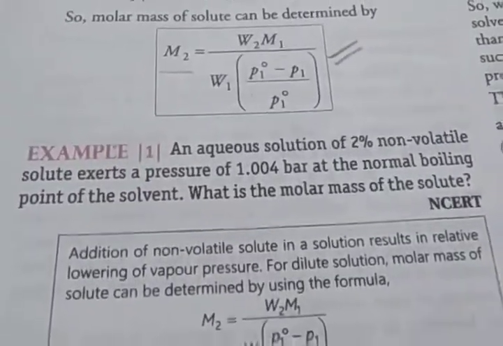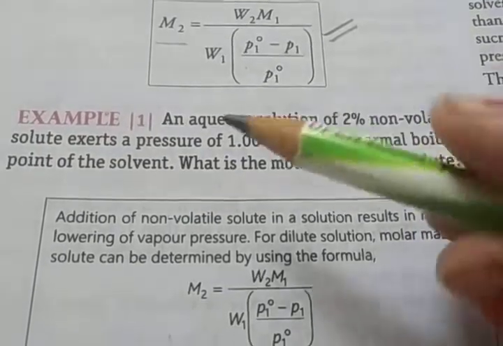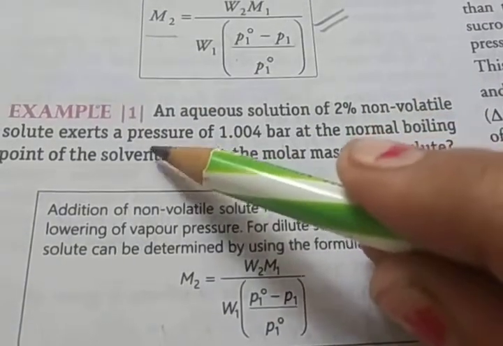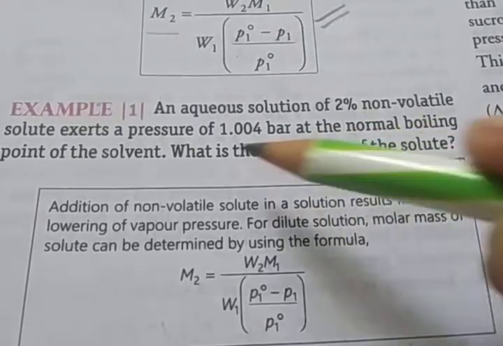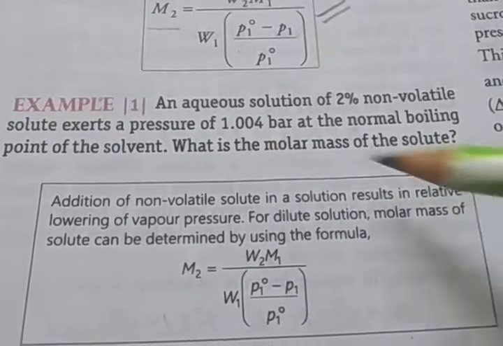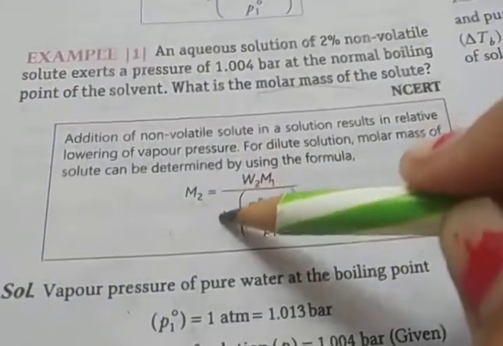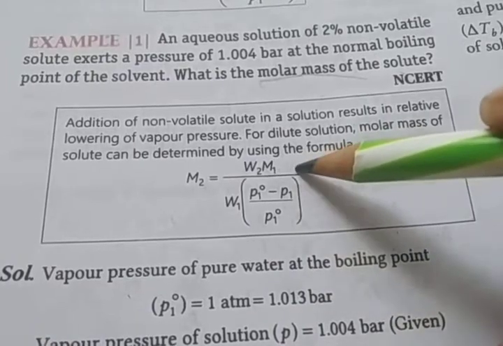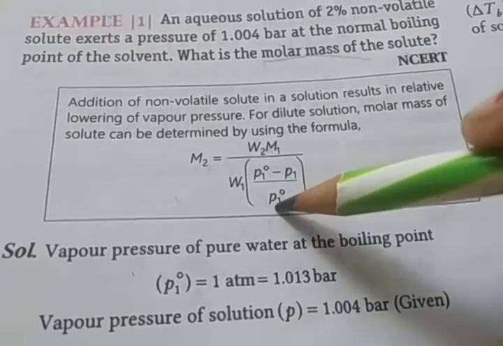Then a question based on this topic: an aqueous solution of 2% non-volatile solute exerts a pressure of 1.004 bar at the normal boiling point of the solvent. What is the molar mass of the solute? So we have to find the molar mass of the solute using the formula M2 is equal to W2 M1 divided by W1 into (P1 naught minus P1) divided by P1 naught.